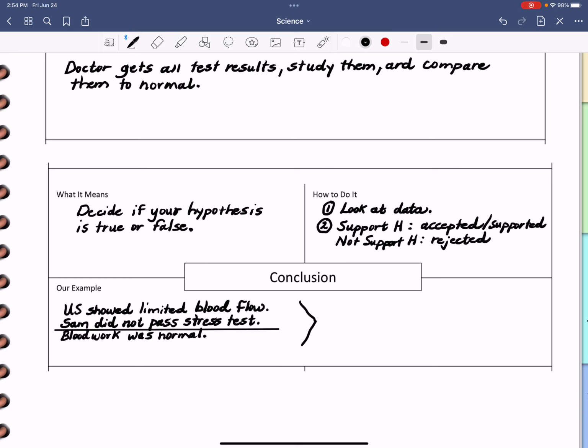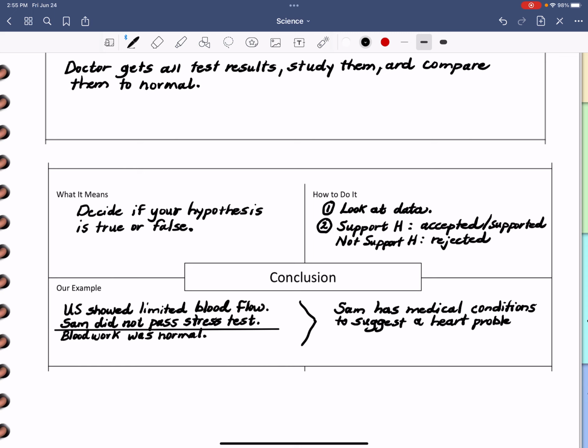If there's limited blood flow and the stress test was not a good experience, I think the doctor would be likely to say that Sam has medical conditions, yes, let's use the word conditions, to suggest a heart problem.